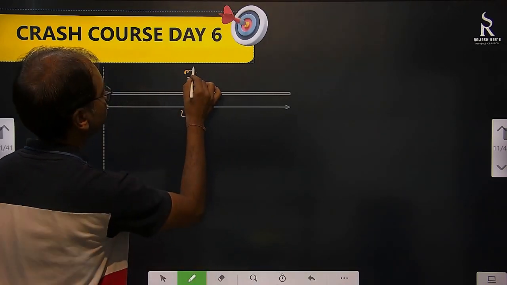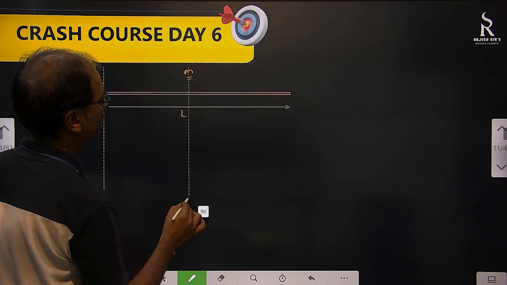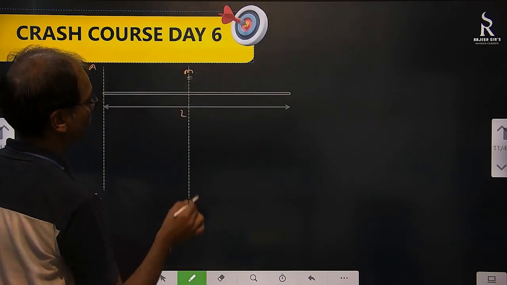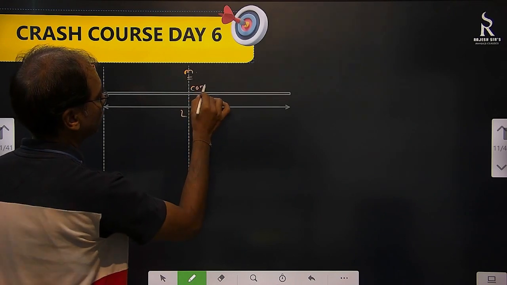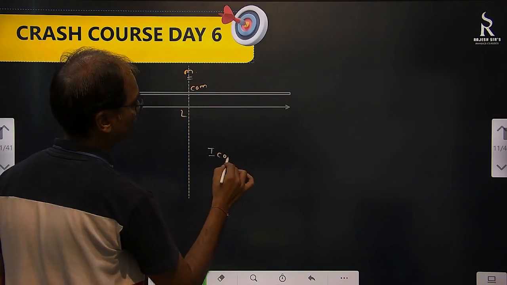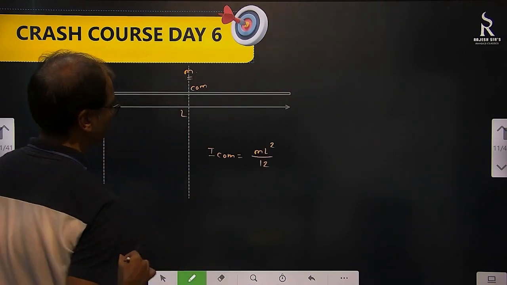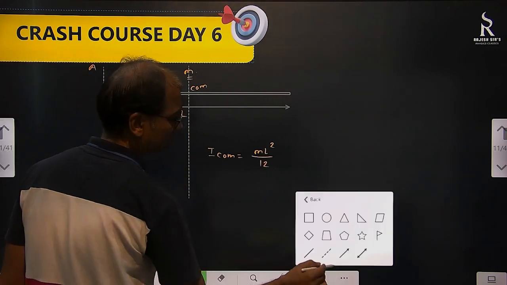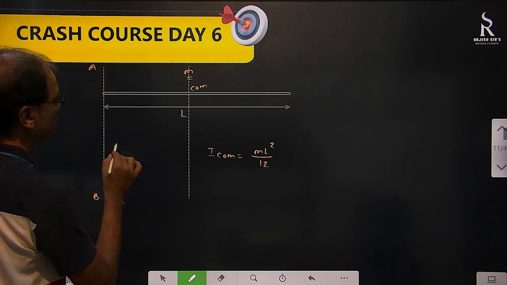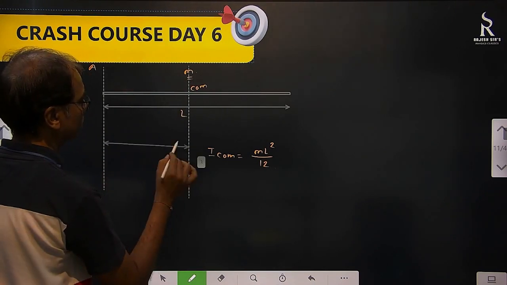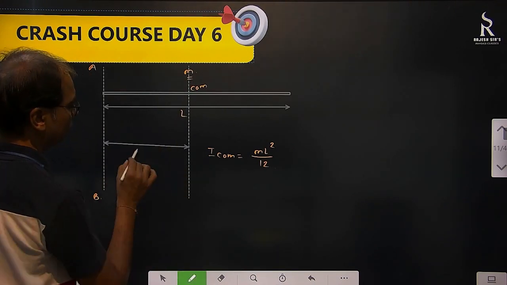This is the center of mass over here, and the standard moment of inertia about this is ml square by 12. Now, what is the distance between them? That also we know. It's L by 2.